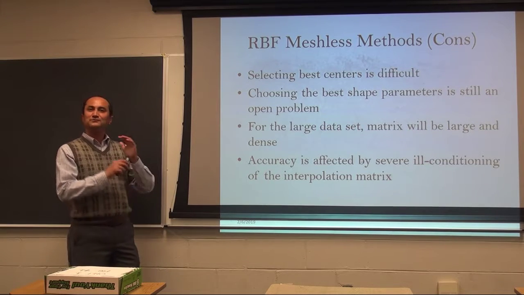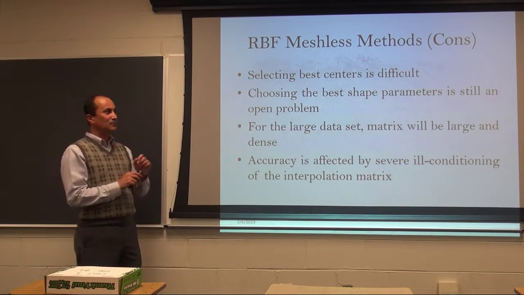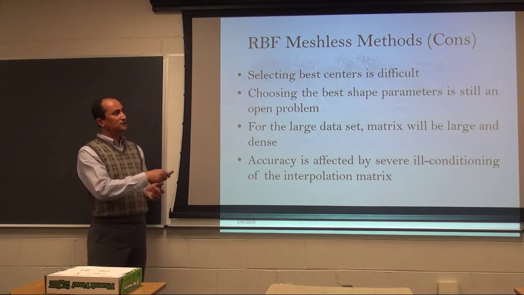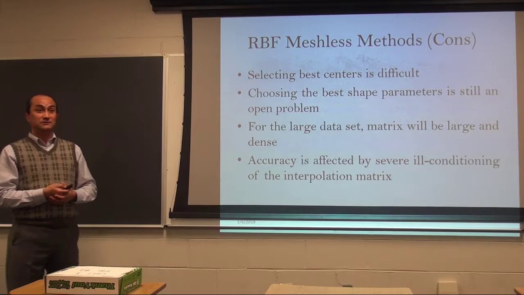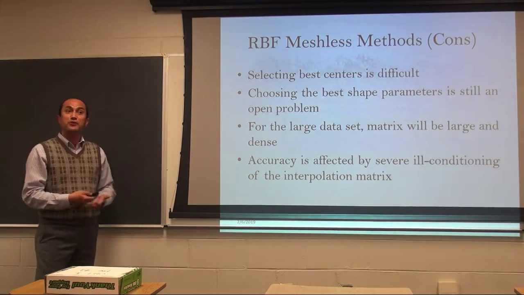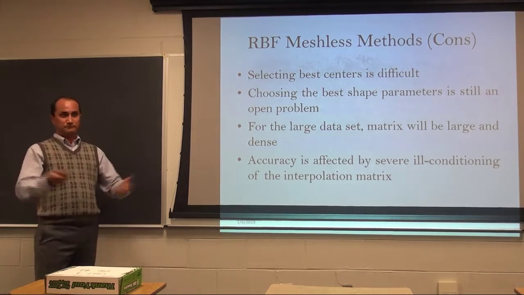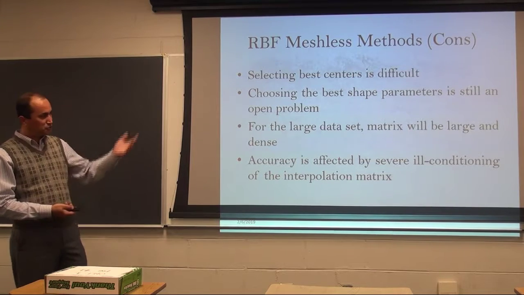So due to the variation in c, we have some difficulty with the shape parameter. So choosing the shape parameter is really an open problem, and there are a lot of papers on choosing it as well.